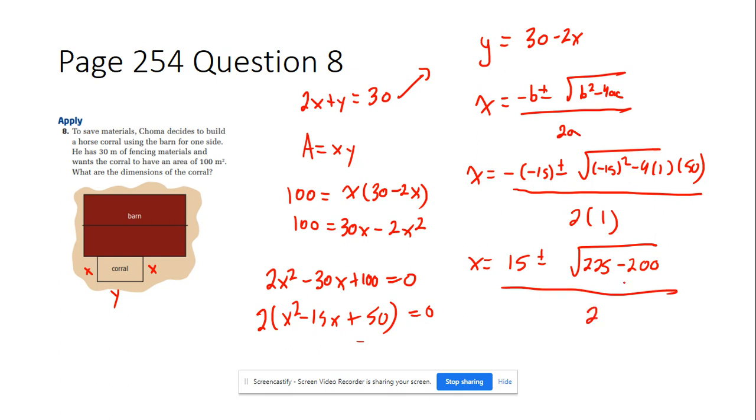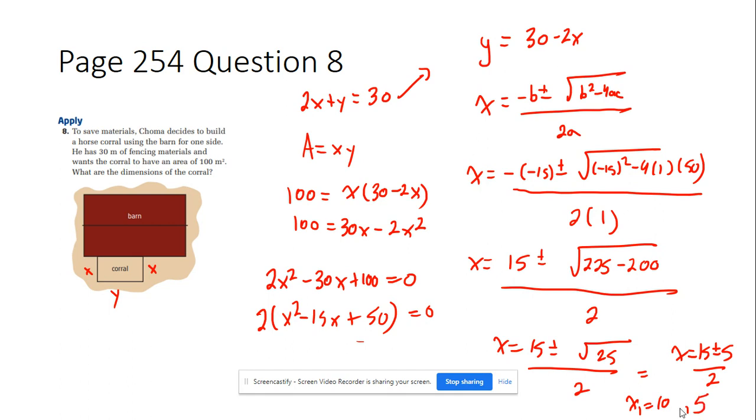So x equals 15 plus or minus the root of 225 minus 200, which is 25. That's very nice. That means x equals 15 plus or minus 5, over 2. So 15 plus 5 is 20, divided by 2 is 10. 15 minus 5 is 10, divided by 2 is 5.